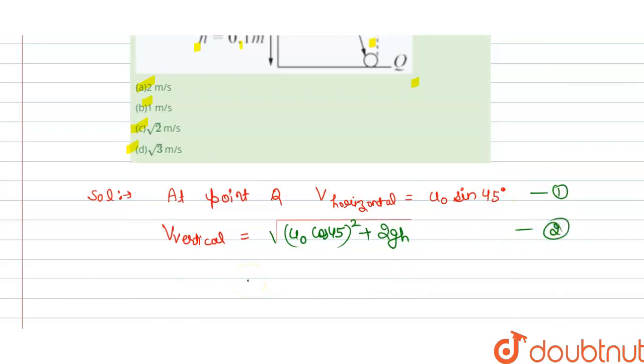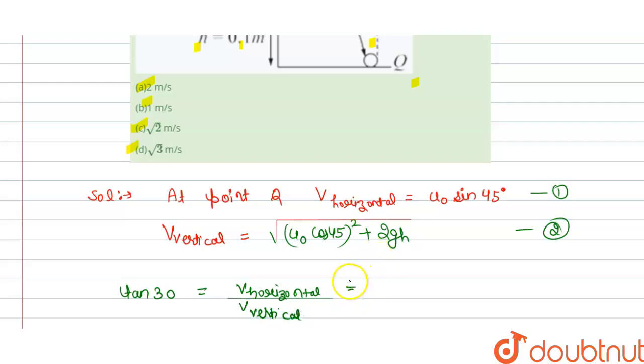we have the ratio given to us, angle 30, so we get tan 30 equals V horizontal divided by V vertical here.